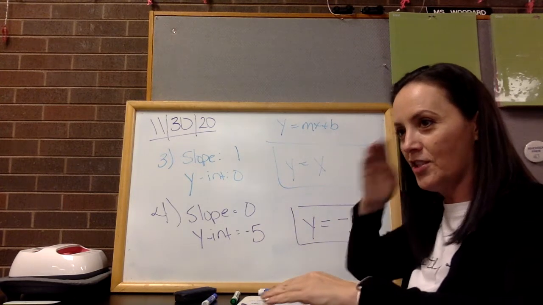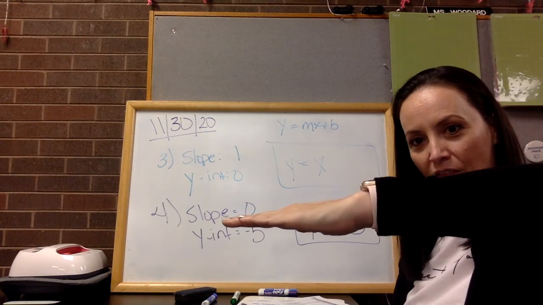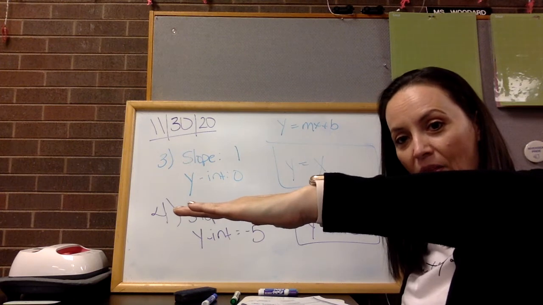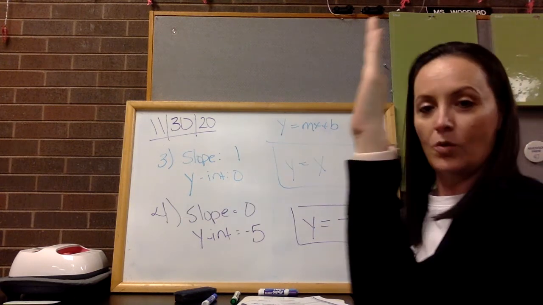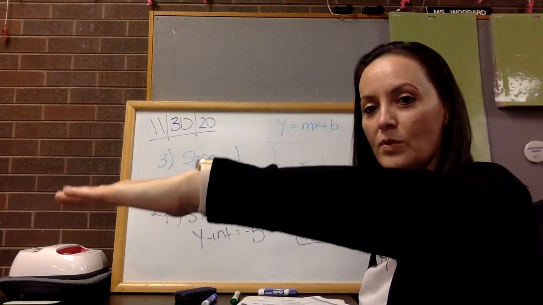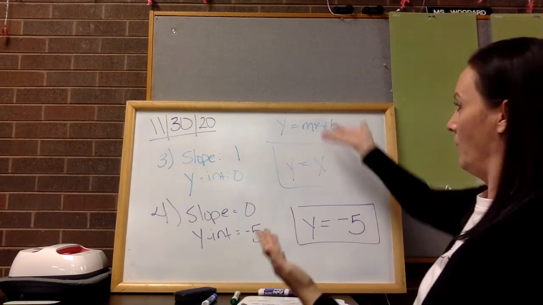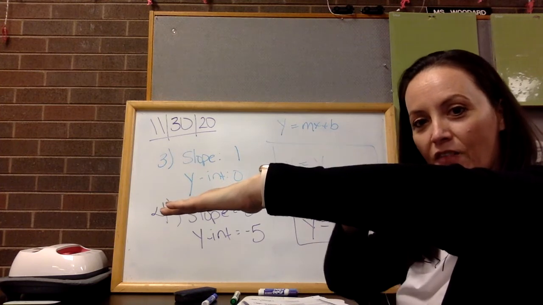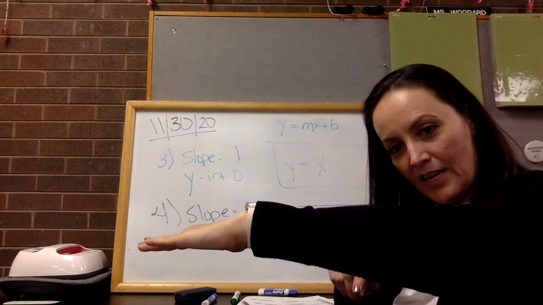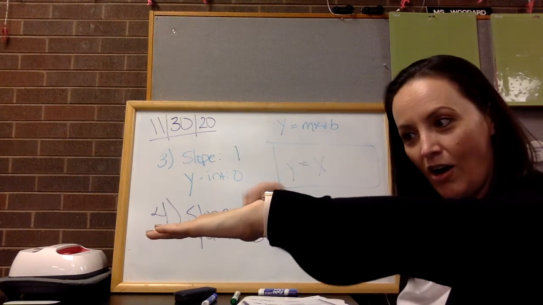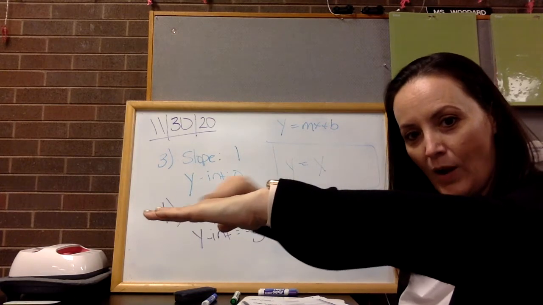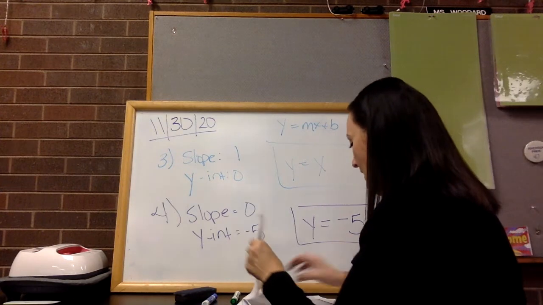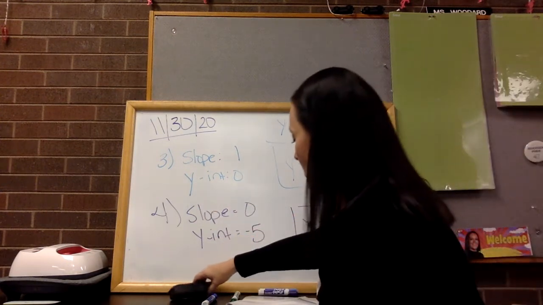And remember that these are just those horizontal lines that have a 0 slope, right? Horizontal lines, we talked about those. Vertical was undefined, horizontal was 0 slope. So we should get a horizontal line. Y is always going to equal -5. We're not going up or down. We're going down to -5 on the y-axis, and all the points are just going to line up where it says y equals -5. The x's can vary, but the y's are never going to vary. Okay, so that's number 4.